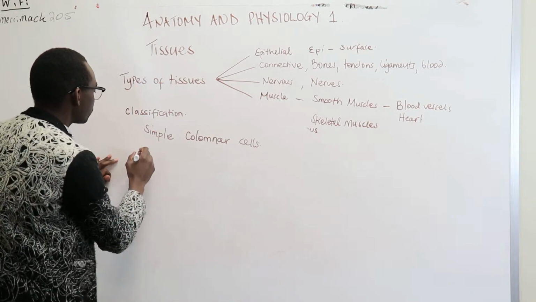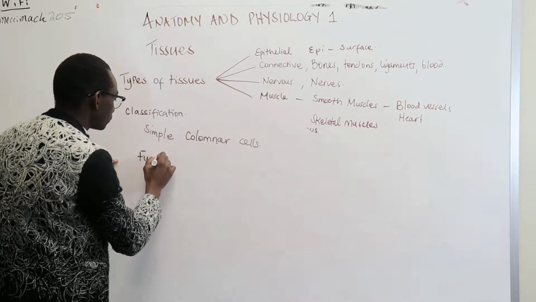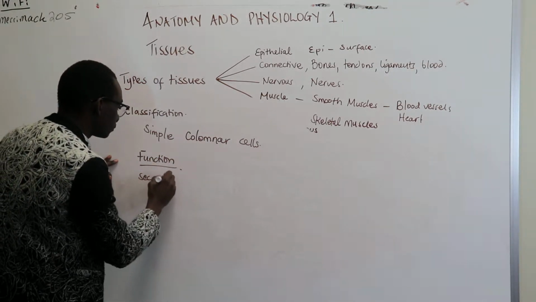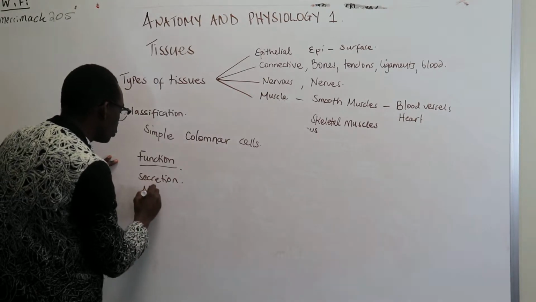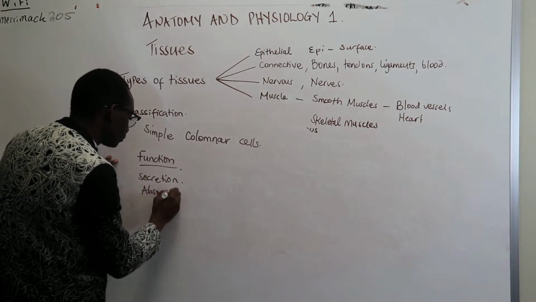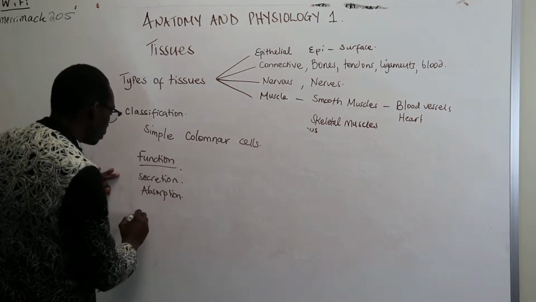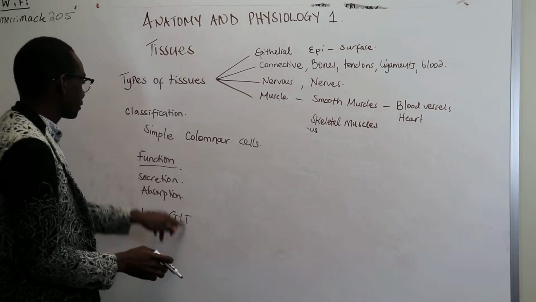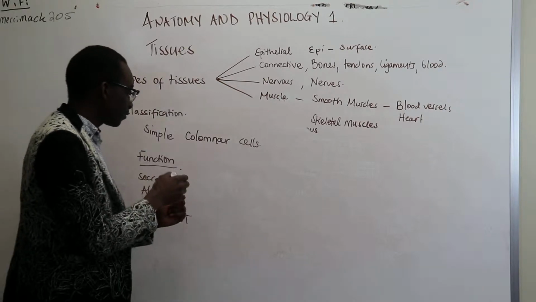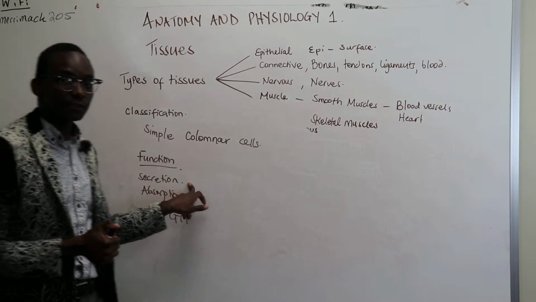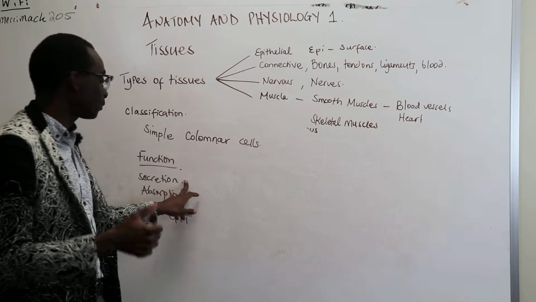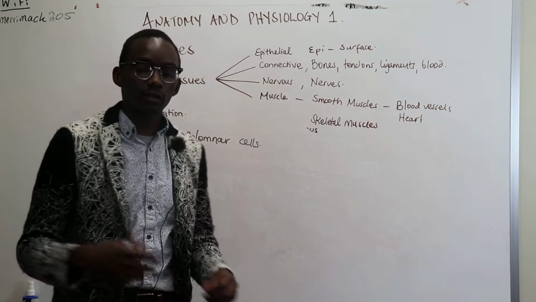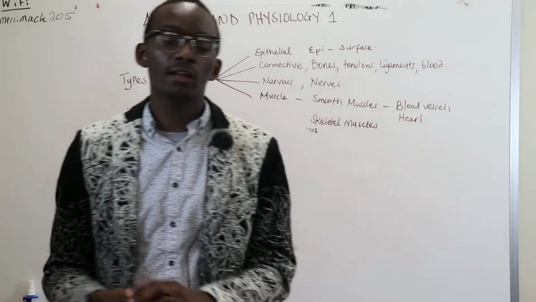Most of their function is for secretion and absorption. We find cells that secrete mucus in the small intestine and generally in the whole GIT, and also cells for absorption in the small intestine or the ileum.